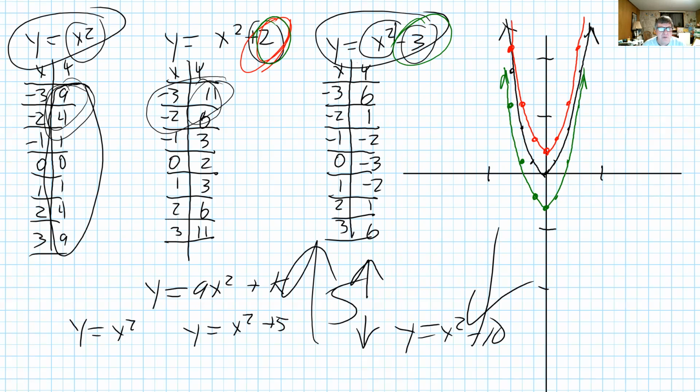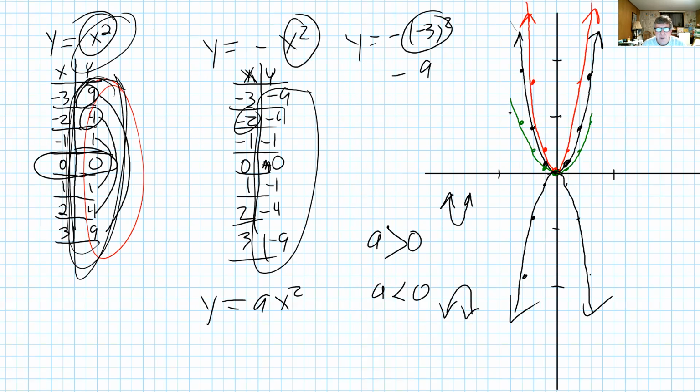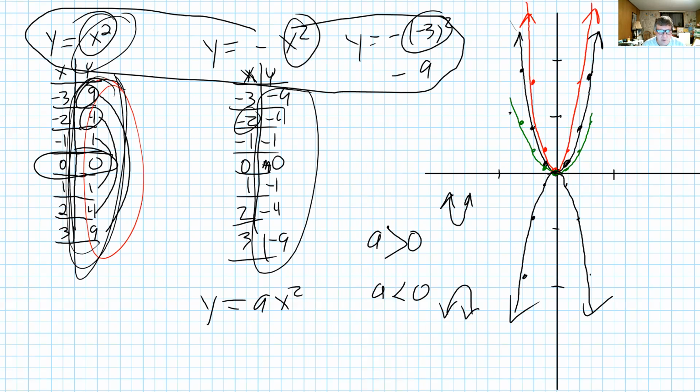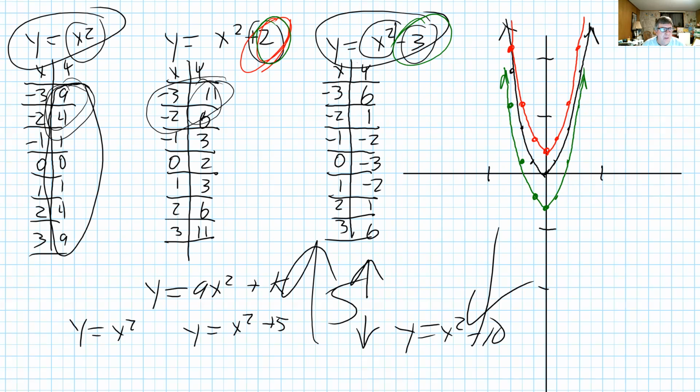Let's go back to the previous page. Did you notice that all of these graphs that I made were all in this form, and they all had the vertex at the origin? A graph in this form, y equals ax squared, has the vertex at the origin. Well, here, this one has the vertex at the origin, right?